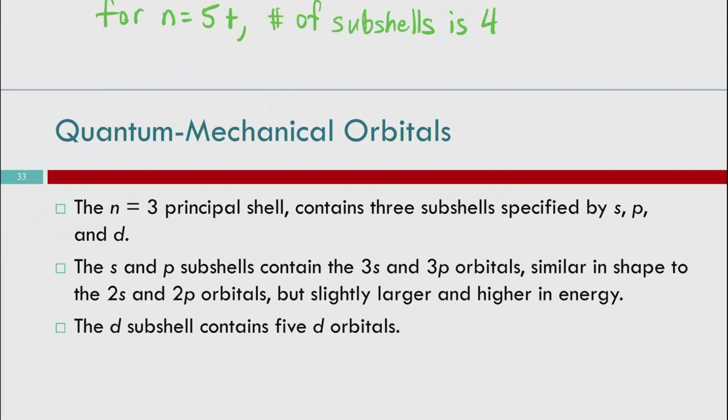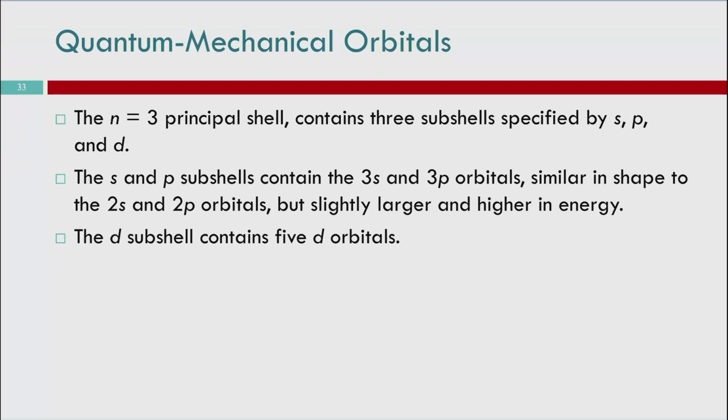So let's talk a little bit about n equals 3. So in our n equals 3, like we saw in the previous slide, we've got our 3 subshells. Our s, that's the spherical one, this time bigger than our n equals 2 and our n equals 1. We see our p show up again, p being the dumbbell shape.